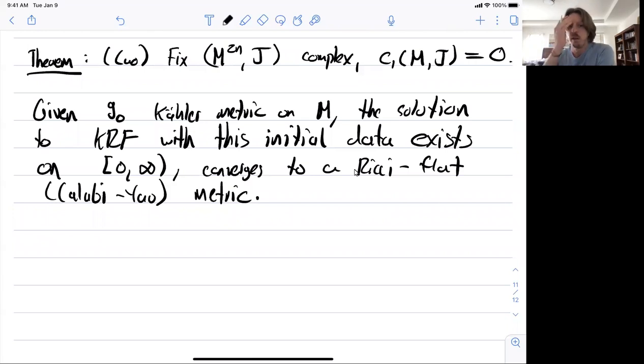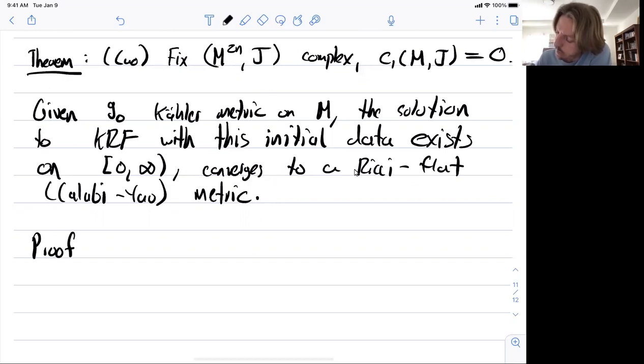Okay, so this is the theorem, which is a sort of parabolic proof of the Calabi-Yau theorem, or at least this case of it.